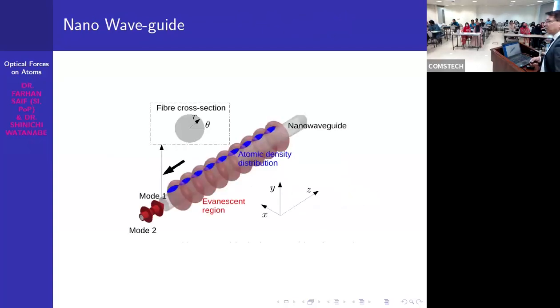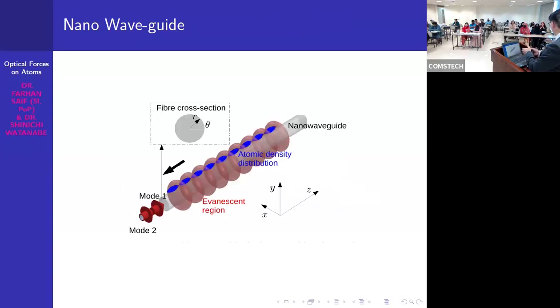And as I mentioned, this optical fiber has cold atoms around its surface. So this optical fiber has another surface of cold atoms around it, which can be taken from one place to the other place. So this acts like a waveguide.